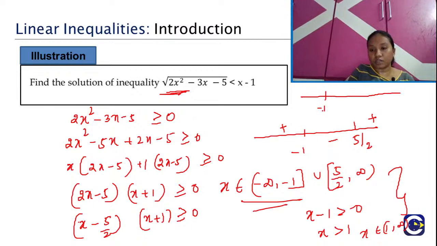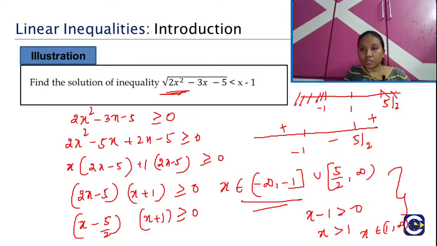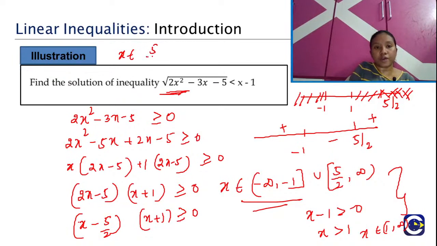So minus 1 and then 1 and then 5 by 2. So it will be minus infinity to minus 1 and then 5 by 2 to infinity, and this is 1 till infinity. So what is the common intersection here? That is, here x belongs to 5 by 2 comma infinity, where 5 by 2 is included.